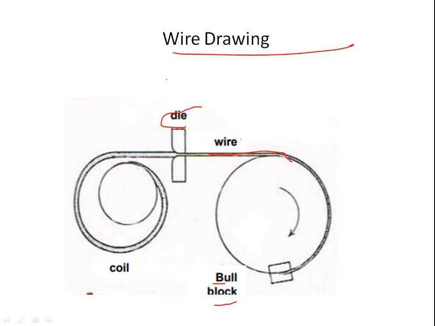Here we are going to lock. When the bull block rotates at high speed, it pulls the wire through the die, thereby reducing its section, and winds up the drawn wire. You all can see it is reducing the wire by rotating this bull block.